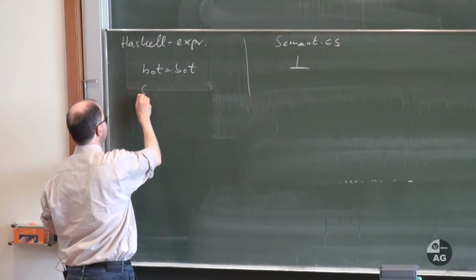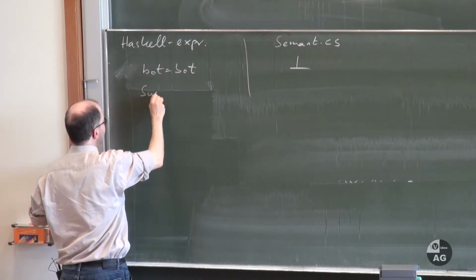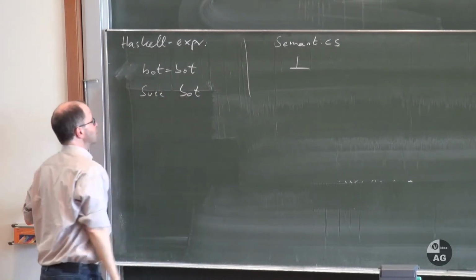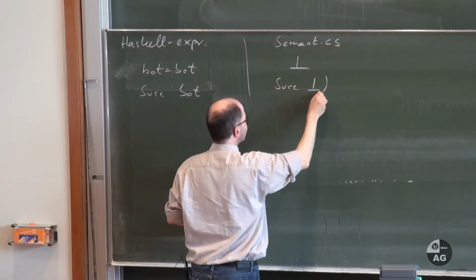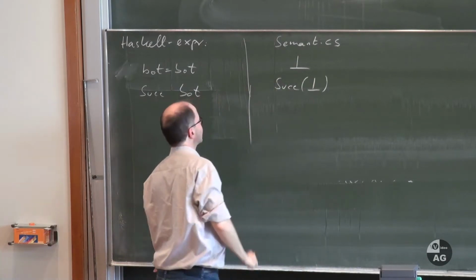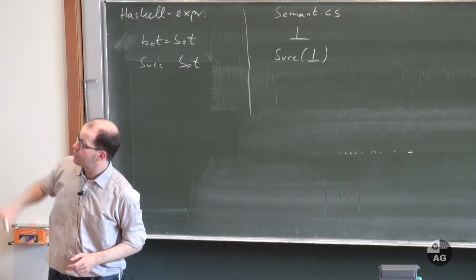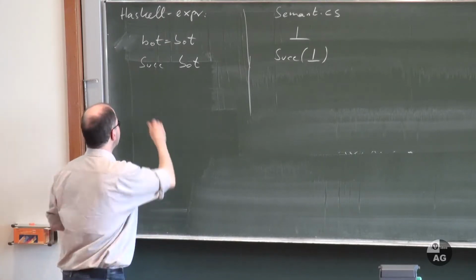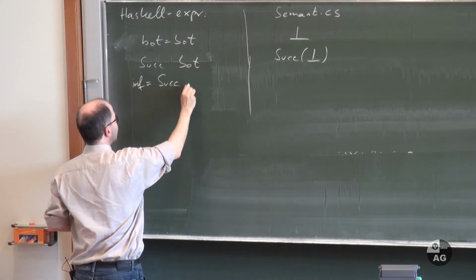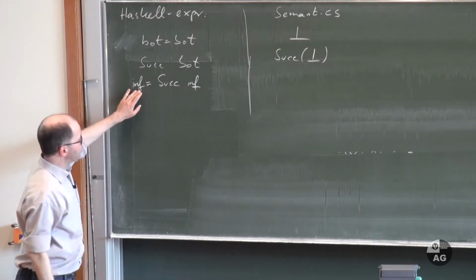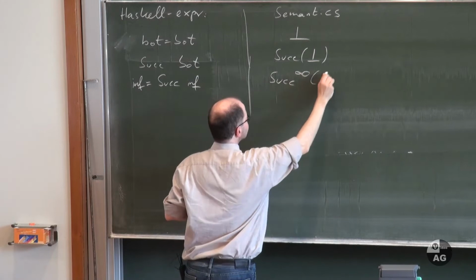And if I have the Haskell expression, so let's say this is the definition of bot, and I now consider this expression suc bot, then obviously the semantics of this will be suc of bottom. And if I want something with the semantics infinitely many sucs applied to bottom, I could define something like this. So inf equals suc of inf, and then inf has the semantics infinitely many sucs applied to bottom.